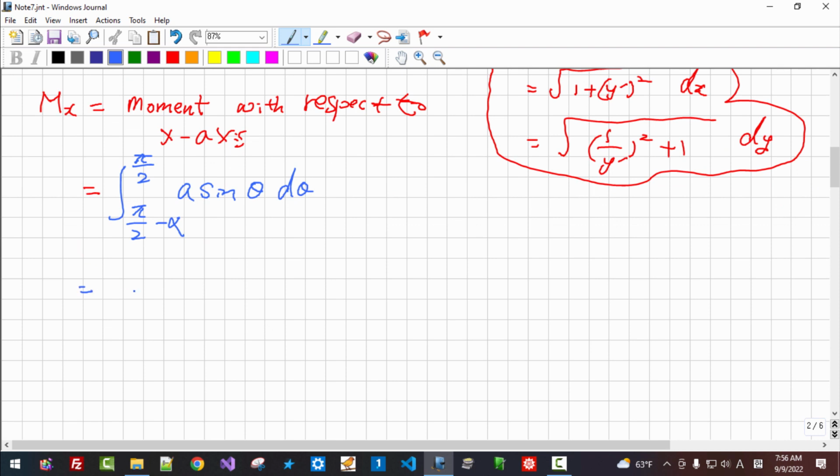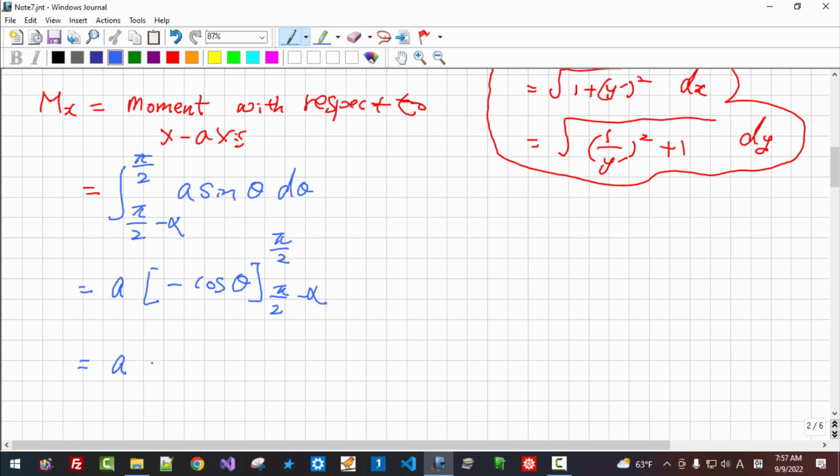Then we can say a times minus cosine theta from pi over 2 minus alpha to pi over 2.